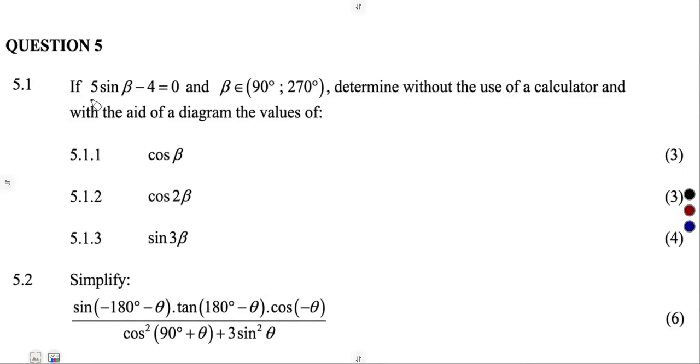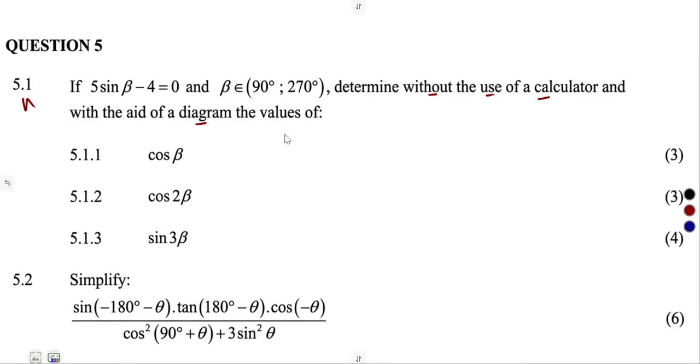As we consider question number 5, where we are given 5.1, this is a continuation from what we have already done before. As we can see, guys, we are told that if 5 sine beta minus 4 is equal to 0 and beta is taken in the interval from 90 to 270, determine without the use of a calculator and with the aid of what?